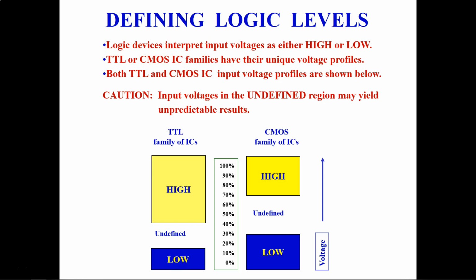Practically, the acceptable input signal for the low range is between 0 and around 0.8 volts, whereas the acceptable high level input signal range is between 2 volts and 5 volts.